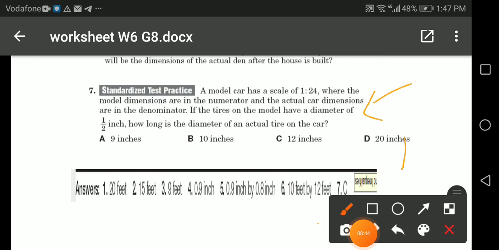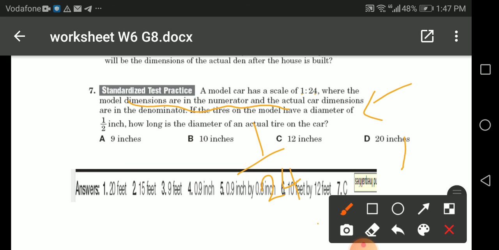About this word problem: a model has a scale of 1 to 24, where the model dimensions are the numerator. So I have here 1 to 24.